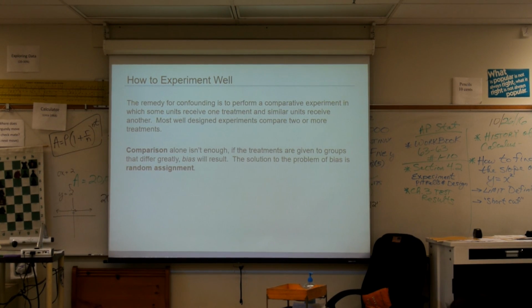So if the treatments are given to 2 groups that differ greatly, bias will result. So the solution to the problem of bias is random assignment. Random assignment. Okay. So what I'm going to do is I'm going to show you a Molesky video.